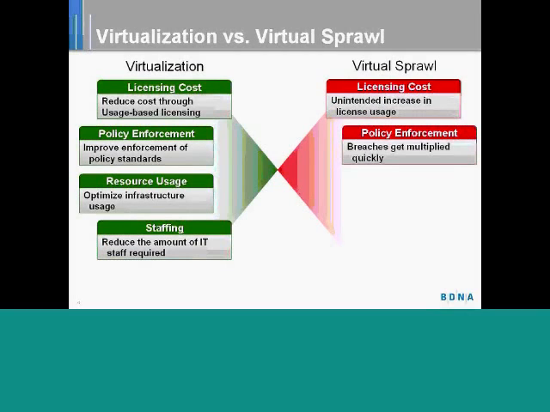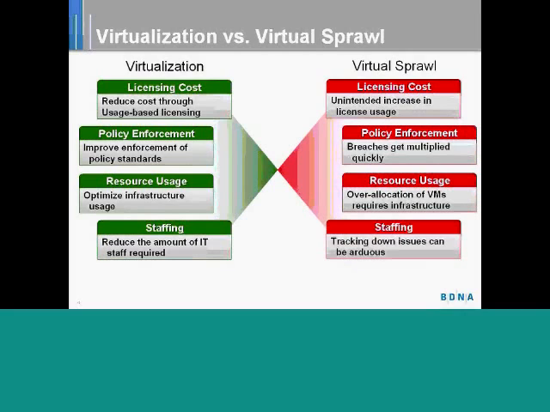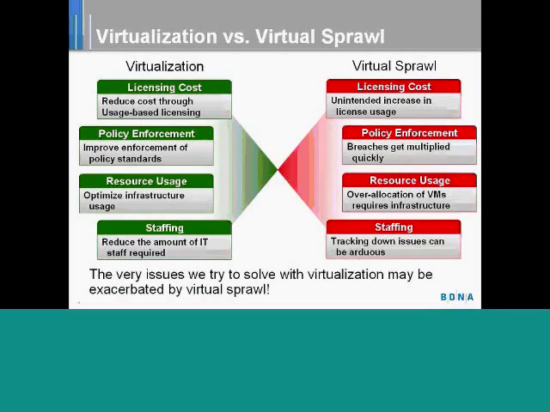So the same areas, licensing costs, policy enforcement, etc., are in fact exacerbated by virtual sprawl. So it's interesting to see how the very issues that you are hoping to alleviate or solve with virtualization are in fact worsened by virtual sprawl.